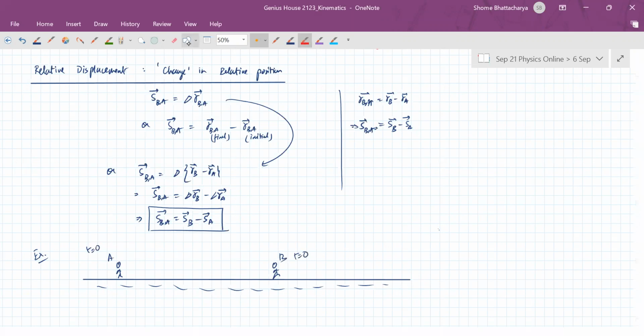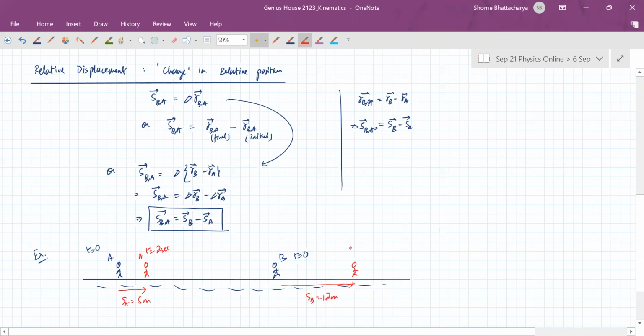Now, after some time, let's say A is located now here at time t equal to, whatever, 2 seconds, and A has moved by a displacement of 5 meters. But during that same time, you can see that B has moved by a displacement of, let us say, 12 meters.